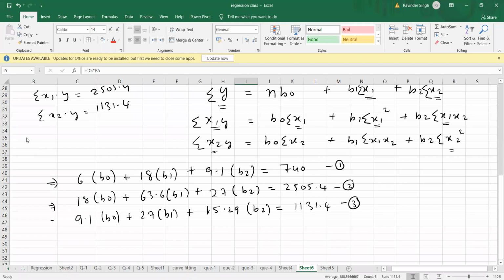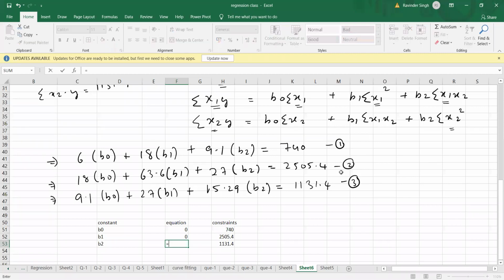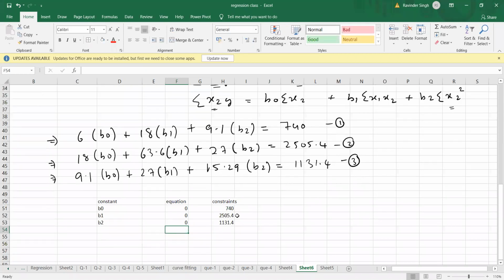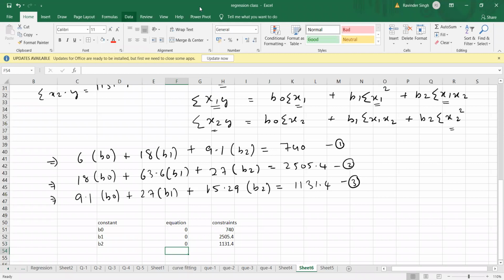So go to the calculator mode and solve and tell me the value. Then we have 9.1 into b naught plus 27 into b1 plus 15.29 into b2 equal to 740. Okay, so I just need to calculate this data.